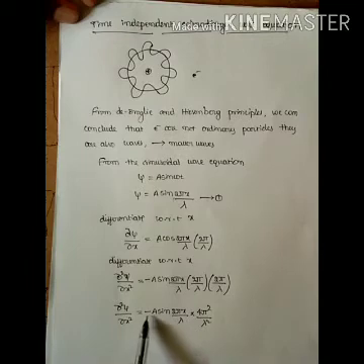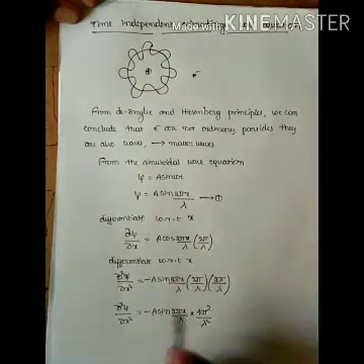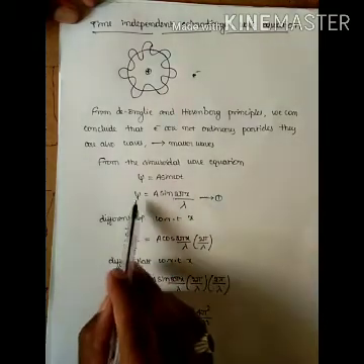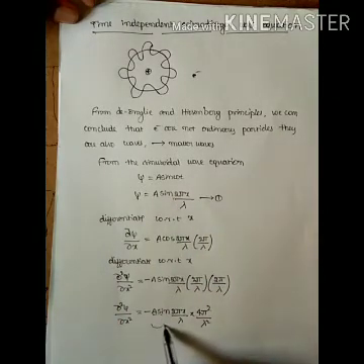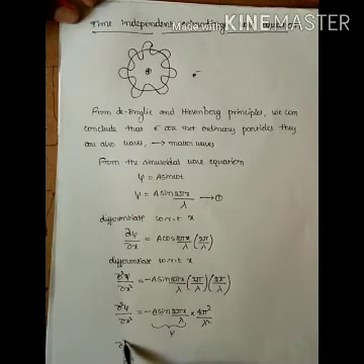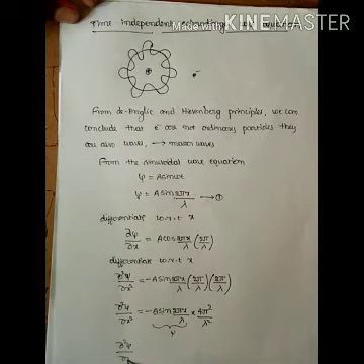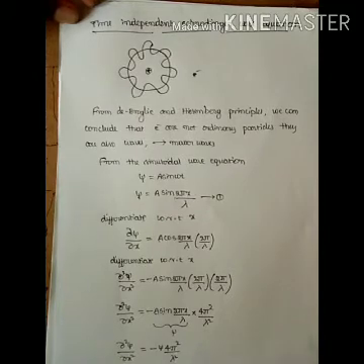But you can observe here we have a sin 2 pi x by lambda, that is nothing but psi. So from equation 1, psi is equal to a sin 2 pi x by lambda, and here we have a sin 2 pi x by lambda, which can be written as psi. So this can be given as dou square psi by dou x square equals minus psi into 4 pi square by lambda square.